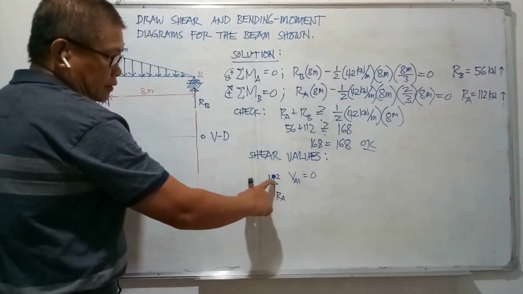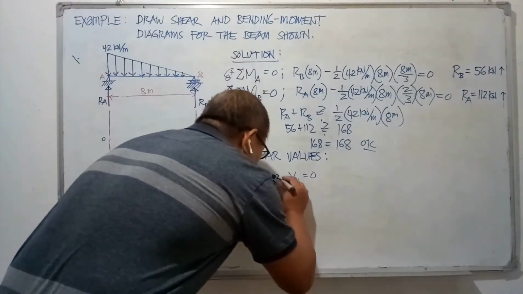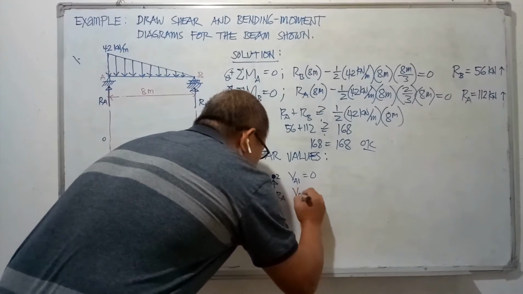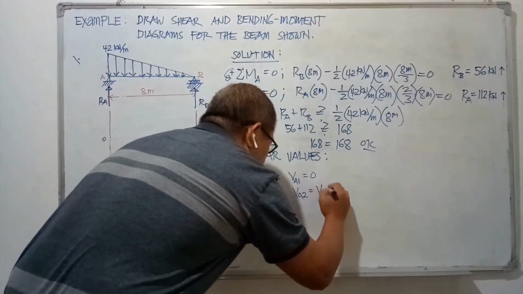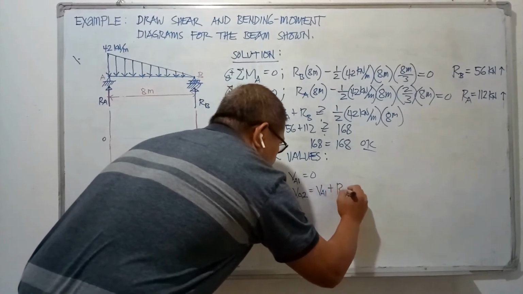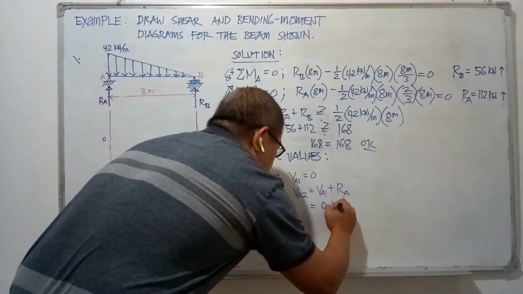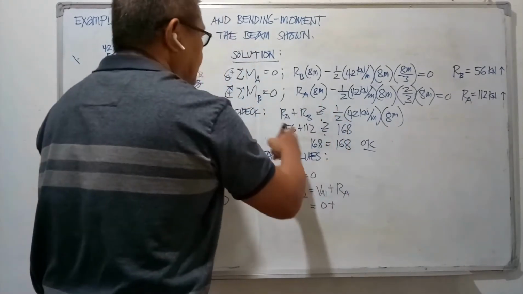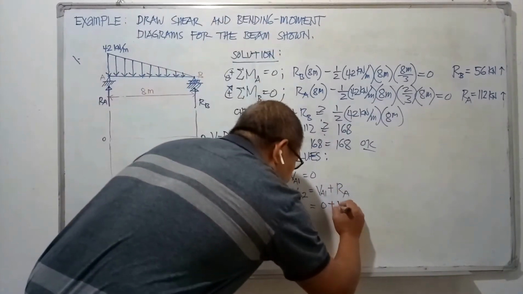And then at the center of point A is R sub A. And V sub A2 is V sub A1 plus R sub A. And this is 0 plus R sub A, 112.